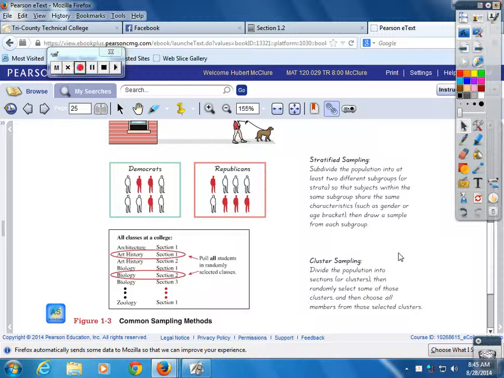Groups. Stratified. Cluster sampling. That's when inside a group you have a subgroup. Now, this is confusing to some people. But what if I tell you I break y'all up into Democrats and Republicans?